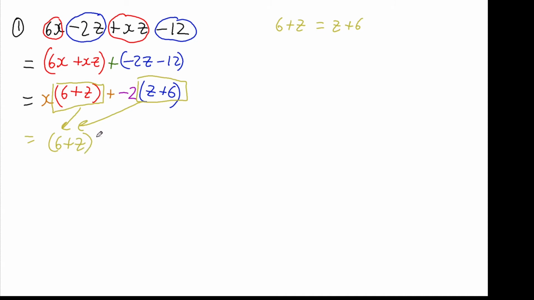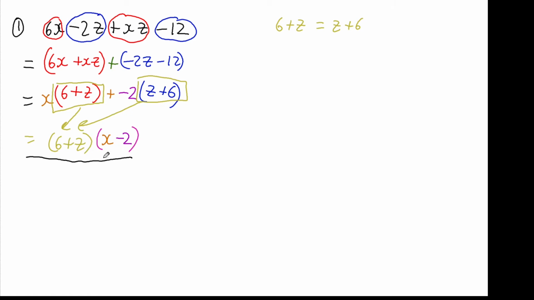And then I'll have another bracket which will include my other terms that were left behind after that factorizing. So I'll be left with the x, and I'll be left with the minus 2. And so there we have it. 6x minus 2z plus xz minus 12 factorizes to 6 plus z times x minus 2.